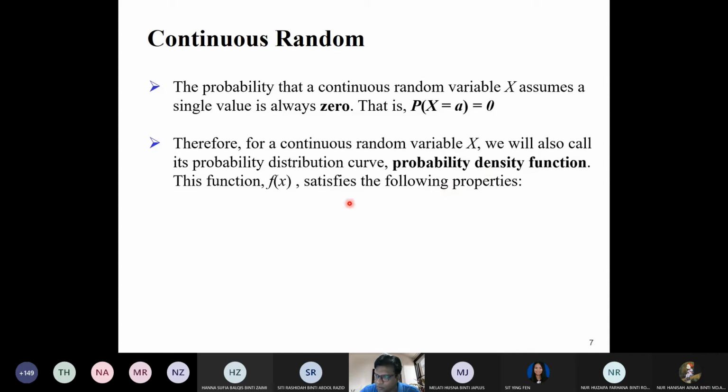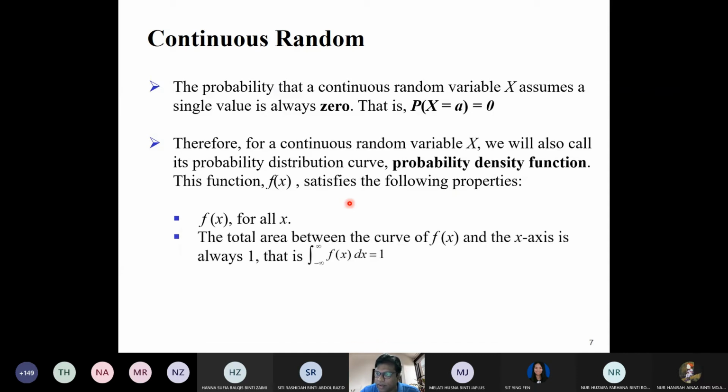So it also fulfills the following condition: f(x) is greater than or equal to 0 for all x, and if you integrate the function from minus infinity to infinity, it has to be equal to 1. Which means the area under the curve, say the normal curve, taking the two tails from minus infinity to infinity, has to be equal to 1.